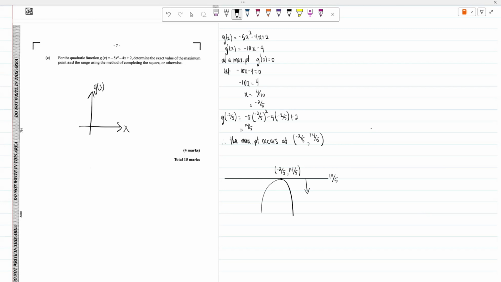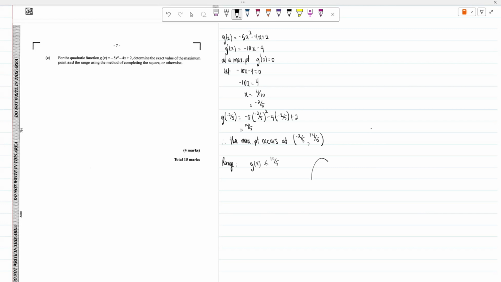So this range is locked to the g of x axis, and my range is going to be g of x is less than or equal to 14/5. All right, Manda?